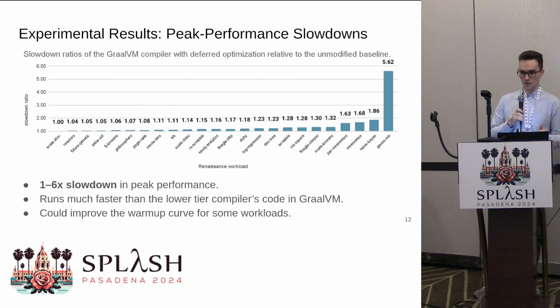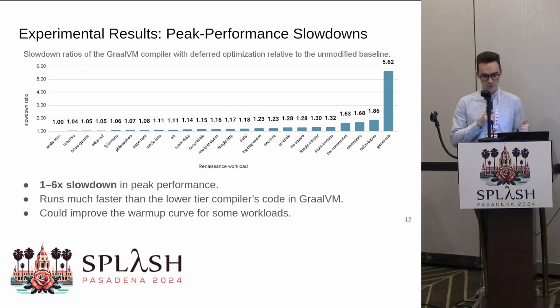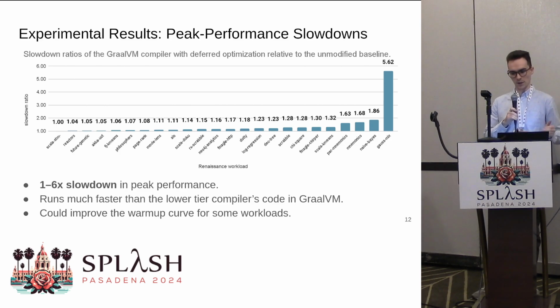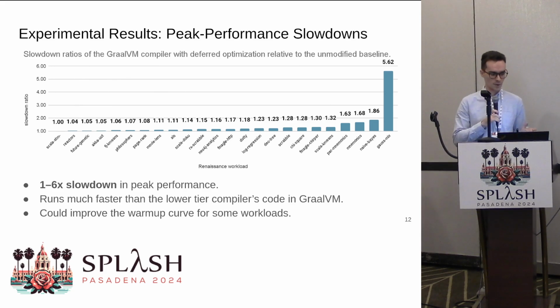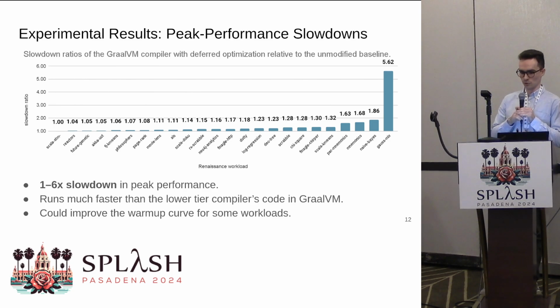This is because the code compiled by the GraalVM compiler runs much faster, an order of magnitude faster than the code compiled by the lower tier compiler. So if we could manage to switch to this code much sooner by reducing the compilation latency a lot, then this could actually improve warm-up.